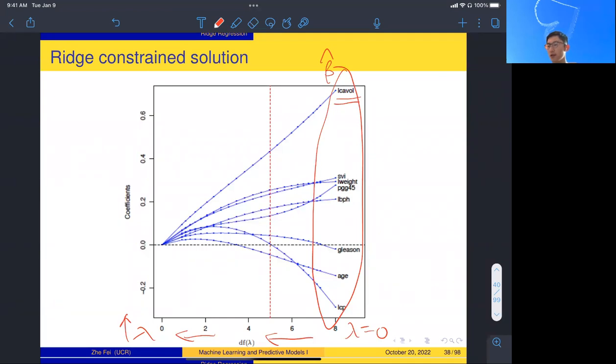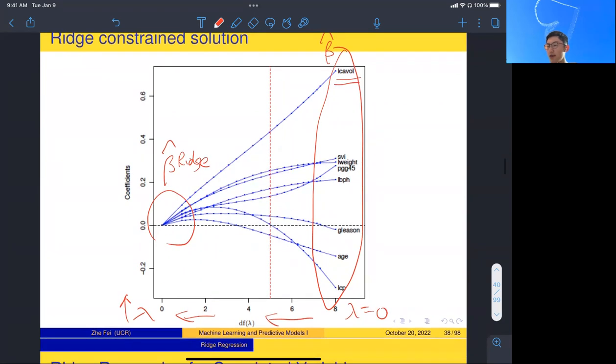All the way, if your lambda is large enough, for example, lambda towards infinity, all of our beta hat ridge would go all the way to 0. So at the end, your beta hat ridge becomes 0 for lambda large enough.